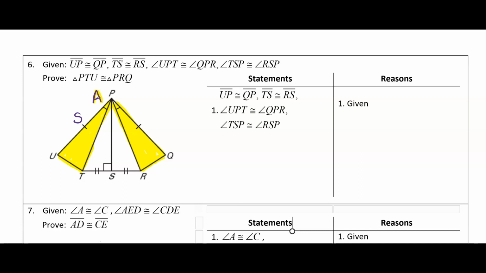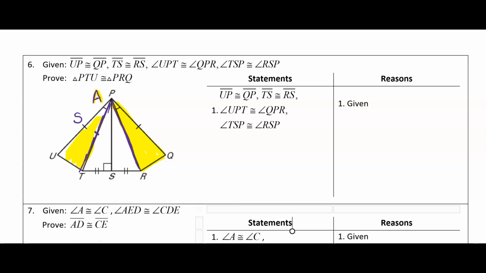So we either need this angle congruent or we need this side congruent for side angle side. I'm looking at this angle here first, and I don't think there would be a good way to get there. But I am looking at this side right here. If we could prove this side and this side are congruent, then we could do it.